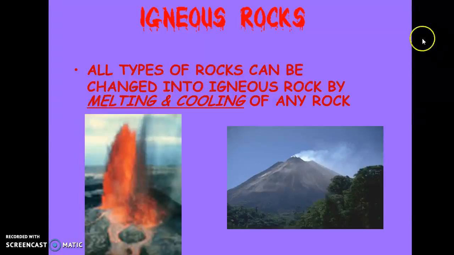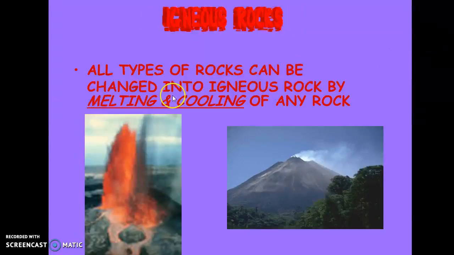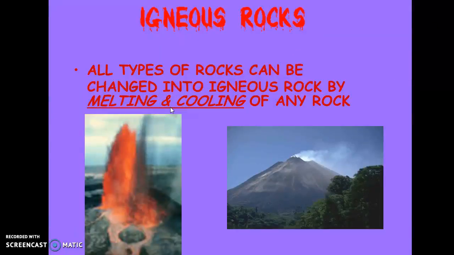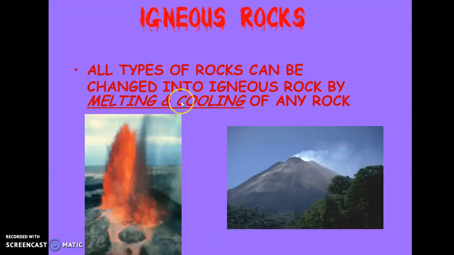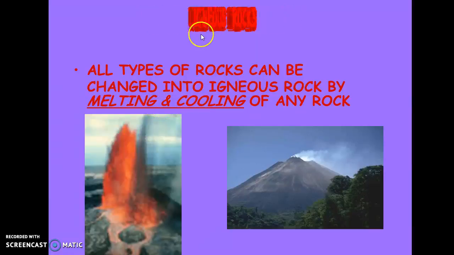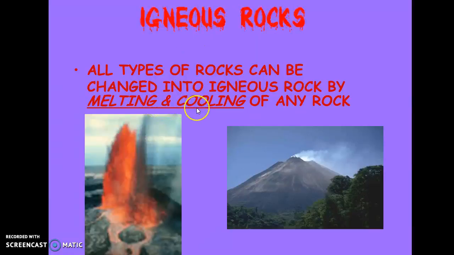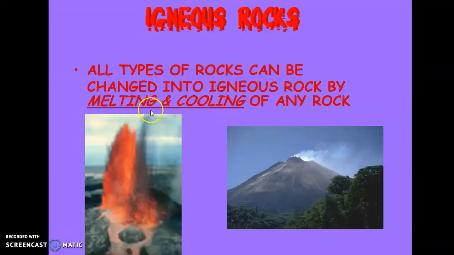The next part about igneous rocks is that any type of rock can be changed to an igneous rock. We'll go through how that happens, but two of the main words that you definitely need to write in your notes under igneous rocks are melting and cooling, because igneous rocks form when lava melts and cools.